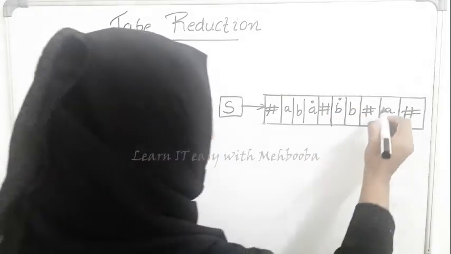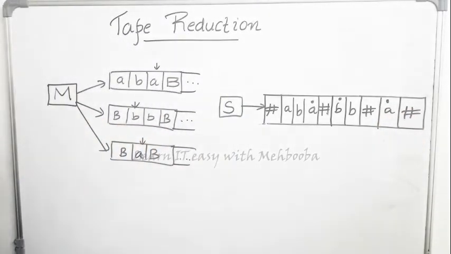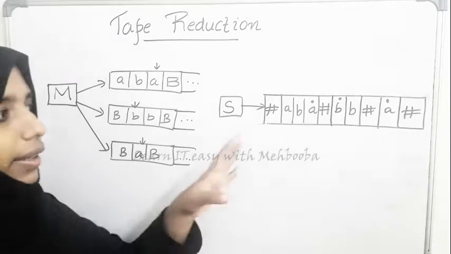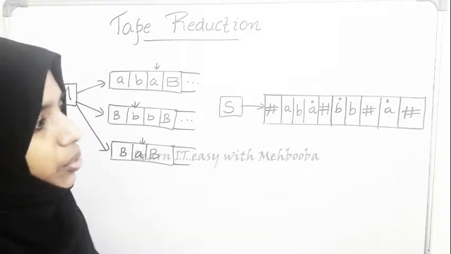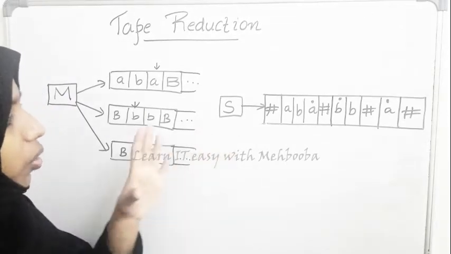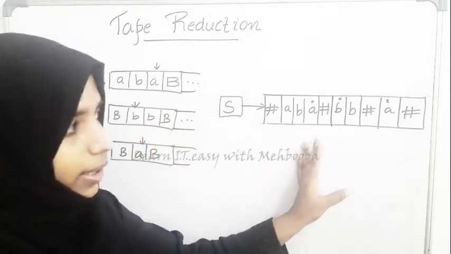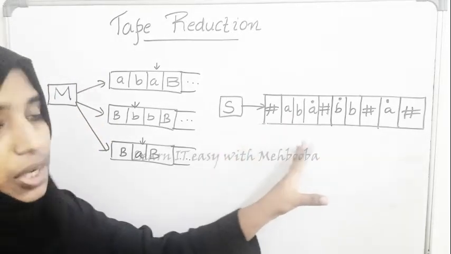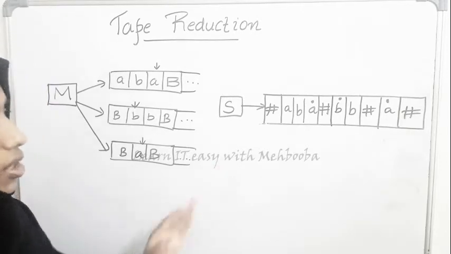Now for the third tape, this is where the tape head is. So I am using dots to indicate the position of the tape heads, so we have to add all this to the alphabet also. So this is how we convert this multi-tape Turing machine into a single tape Turing machine. We are using hash as the delimiter. Now we will analyze the time complexity for this approach.